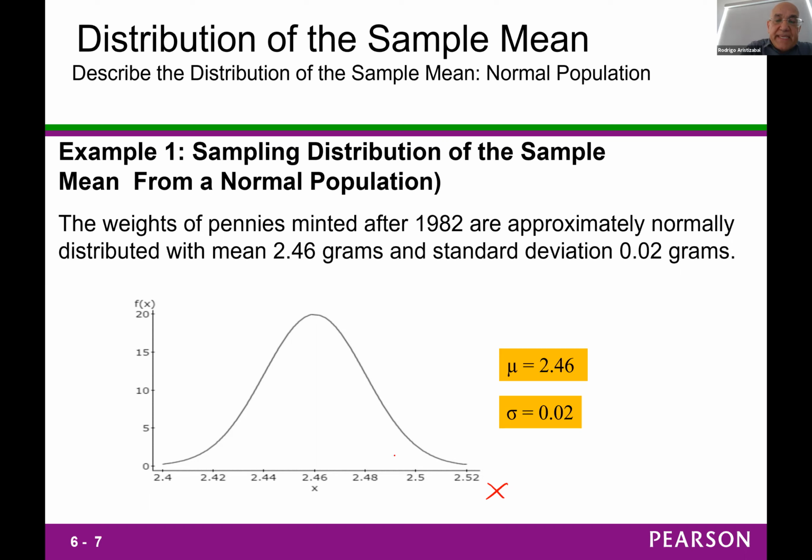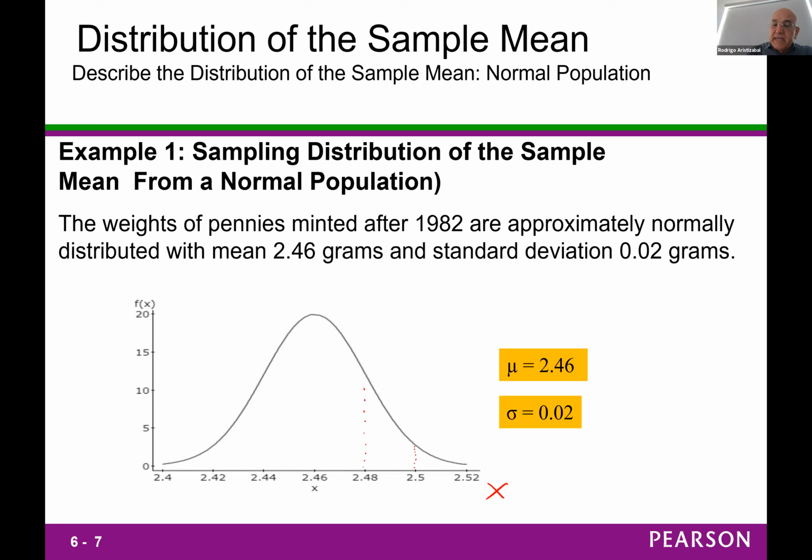All pennies that weigh 2.5 grams will be stacked exactly in this column. All pennies that weigh exactly 2.48 will be stacked in this column. When we finish organizing all of these pennies, we will observe the shape of this pile. The shape will be normal, a mound shape.